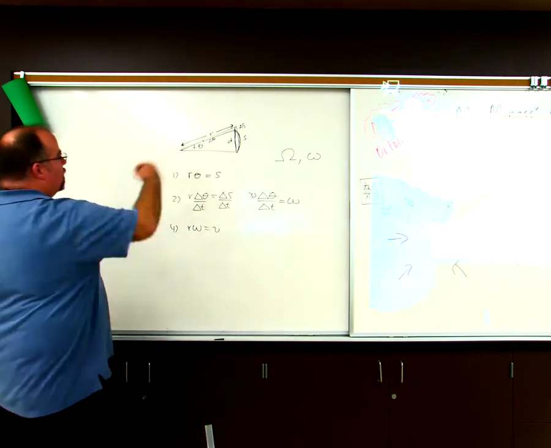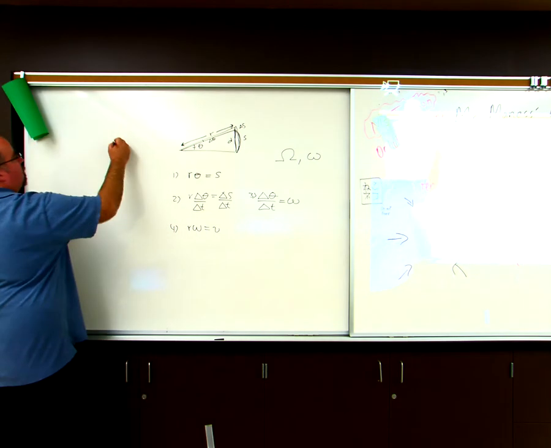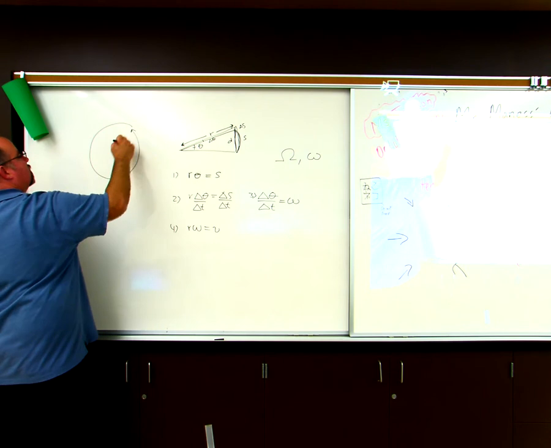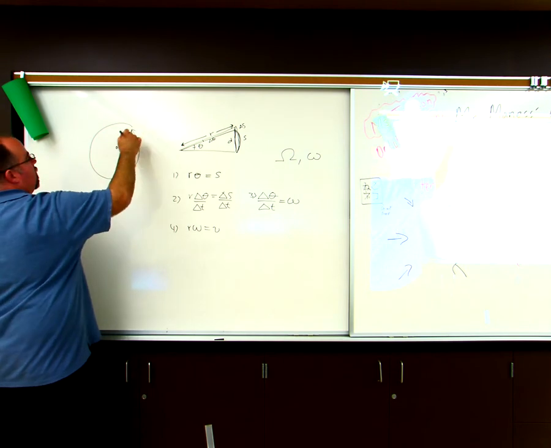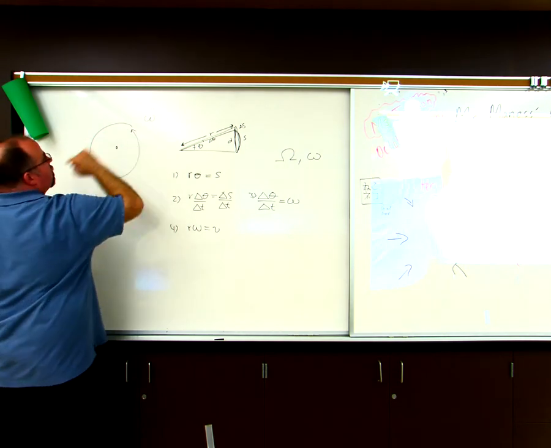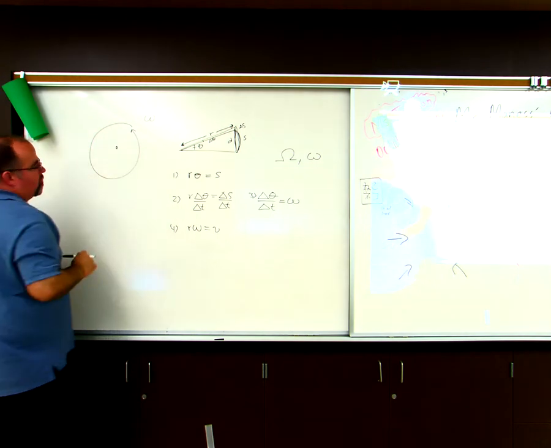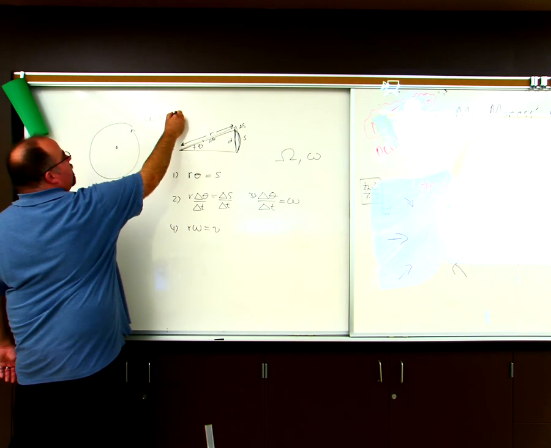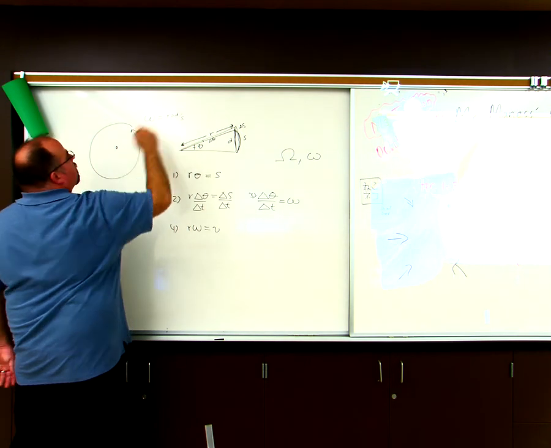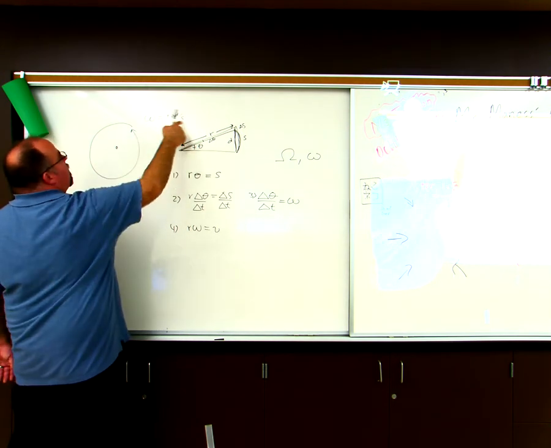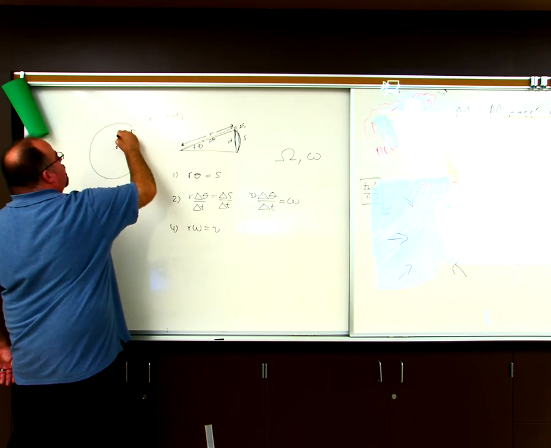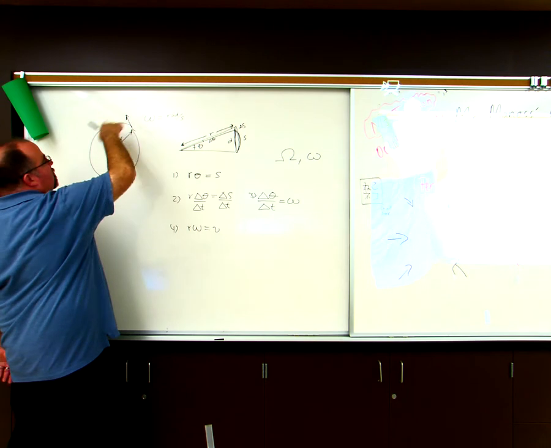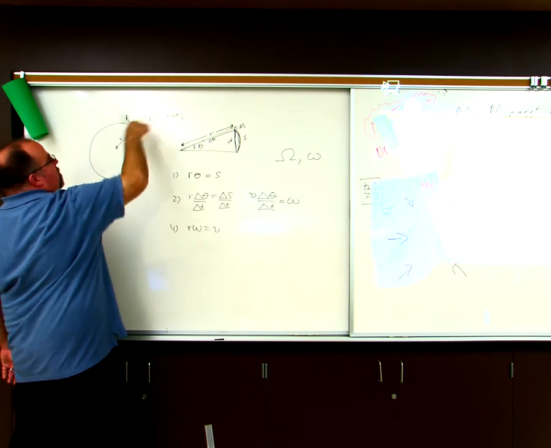So if I have a wheel spinning around, let's draw a little wheel, I have the angular speed, which will be in radians per second. If I multiply by the radius r, I get the velocity, but the velocity is changing direction all the time. But the omega is not.